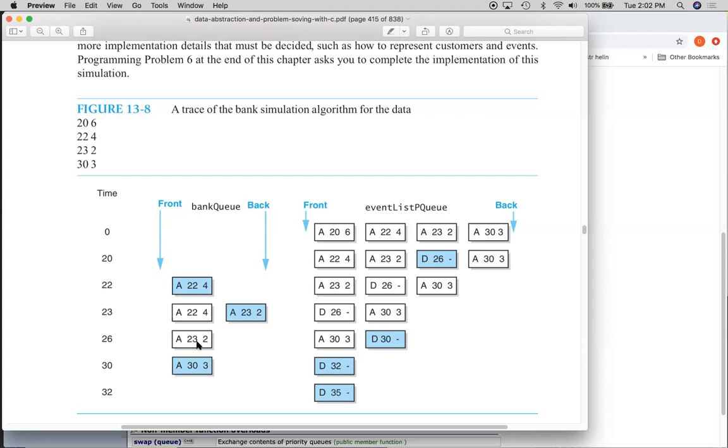Okay? So to say that again, if we have a departure event, the action we take is we pull an event from the front of the bank queue and we process it by creating a departure event and putting that departure event into the event list priority queue. Okay?